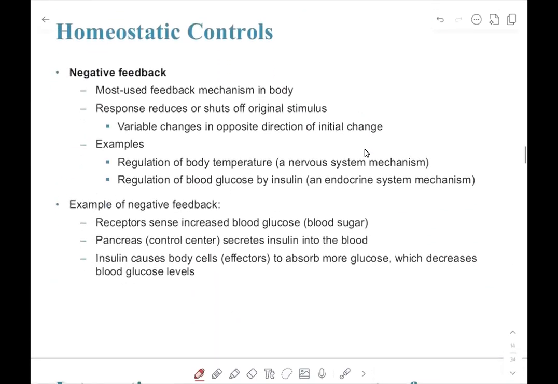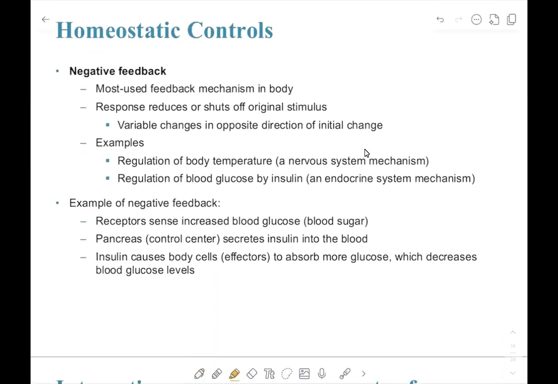So for negative feedback, it's the most common in the body, and the variable changes in the opposite direction. So one example would be the regulation of body temperature, and that's controlled by the nervous system. So if the body temperature increases, like in the Florida summer, your body is going to respond to lower that body temperature.